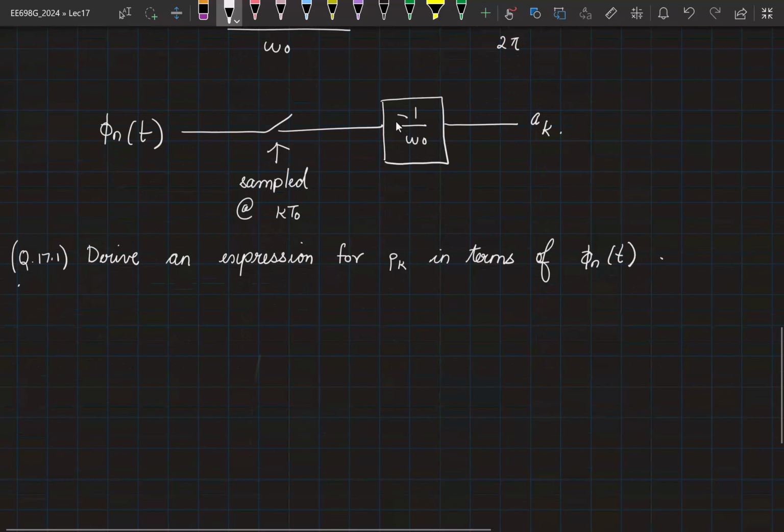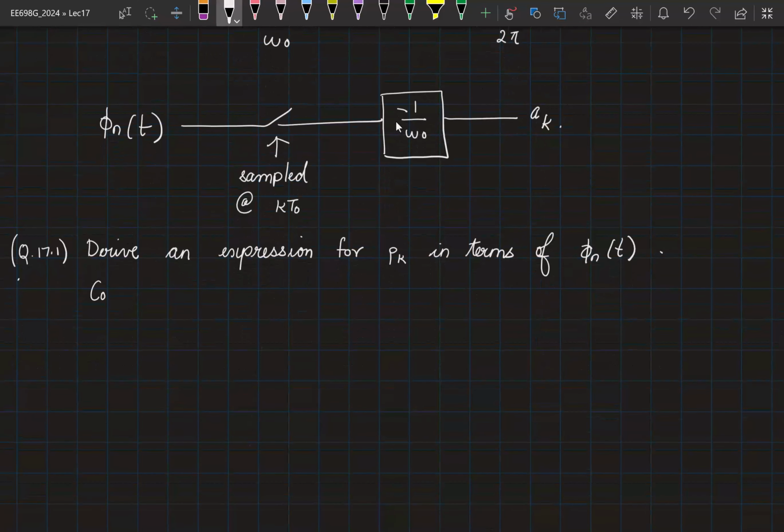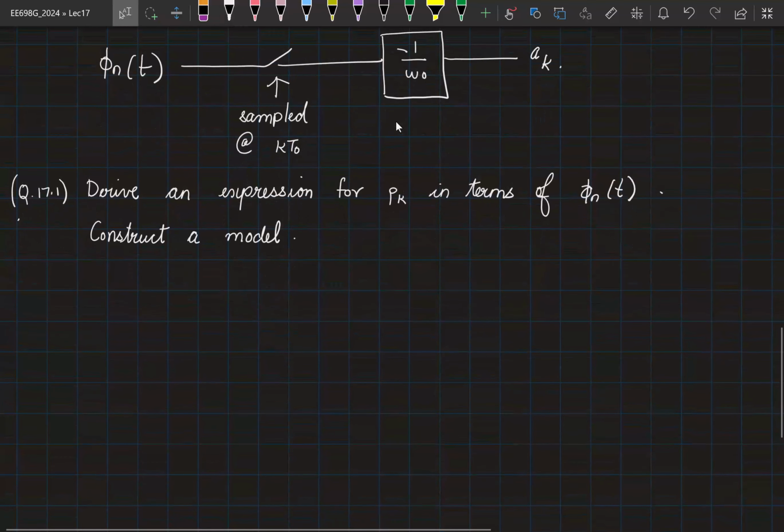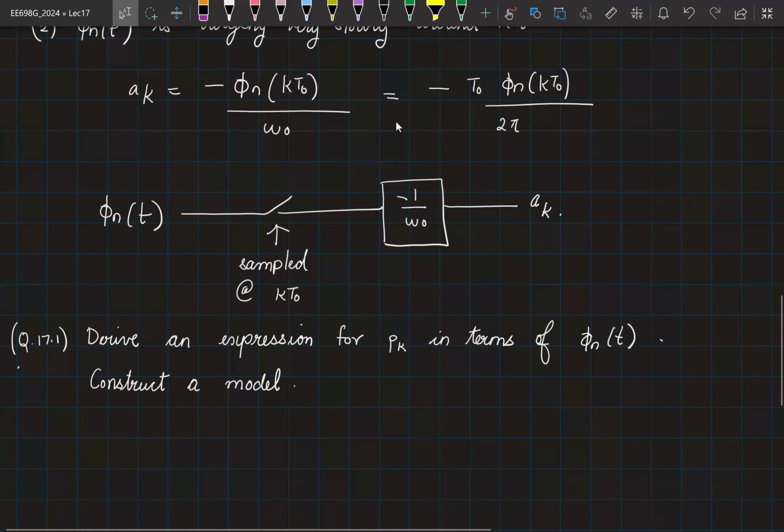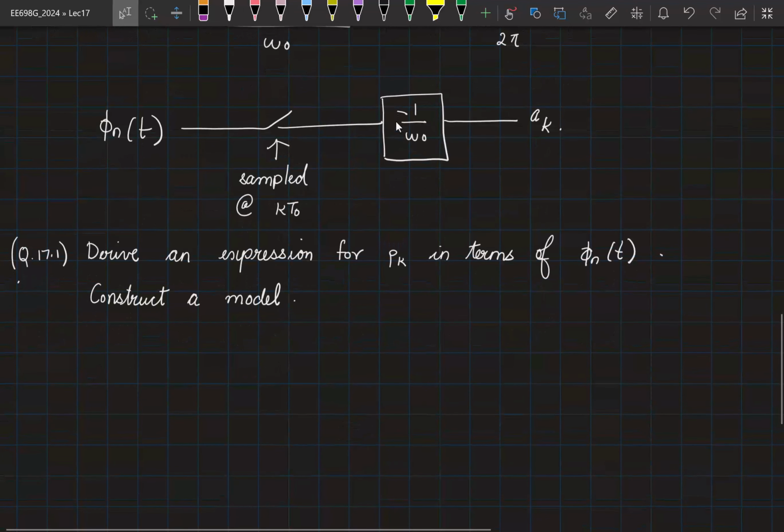Once you derive an expression, you also have to construct a model. This is homework.